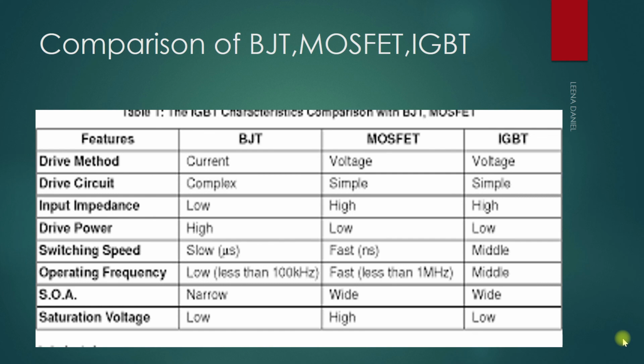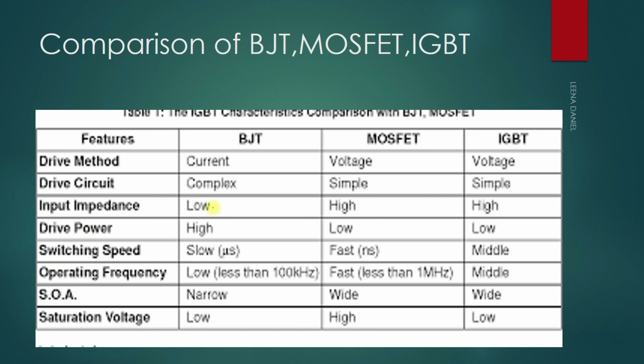See the comparison of BJT, MOSFET and IGBT. In the driving method, BJT is a current operated device, while MOSFET and IGBT both are voltage operated devices. The drive circuits using BJT are very complex, but MOSFET and IGBT circuits are very simple.